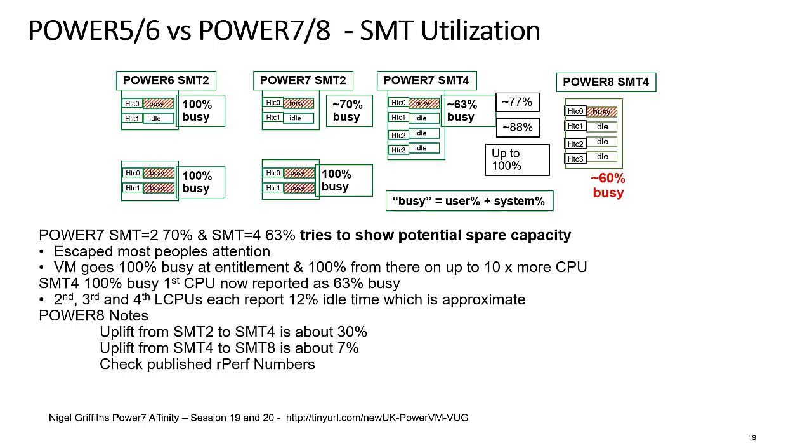With Power 7, they changed the reporting so that if only one thread was busy, then it would never report more than 70%, and if the second thread was busy, that's when it went to 100. So with SMT4 and SMT8, they changed the numbers again, so that you're basically seeing 63, 77, 88, and 100. And then they've done a similar thing with SMT8. So the key point is that what they did was change the reporting, and the idea was to show you how much potential spare capacity you had on a core.